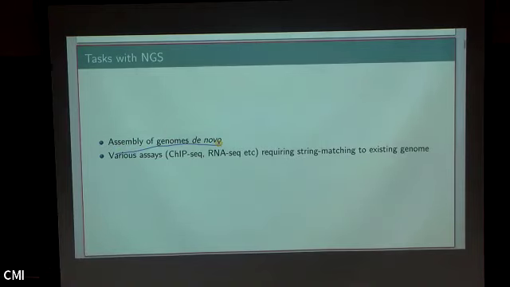Then the other thing that people do with next generation sequencing is probe various aspects of what's actually going on in our cells. One example is which genes are being expressed and at what level. Genes, as I said, are basically transcribed into RNA molecules, and you can sequence those RNA molecules also.